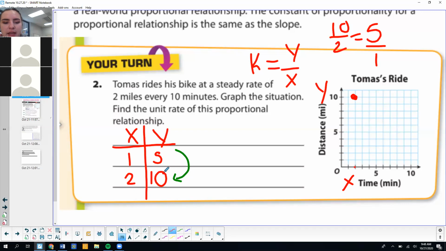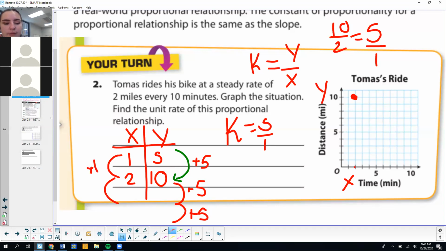So this is saying that if the constant of proportionality is 5 over 1, y should be changing at a rate of 5 every time. X should be changing at a rate of 1 every time. So find the unit rate of the proportional relationship. The unit rate is going to be 5 over 1.